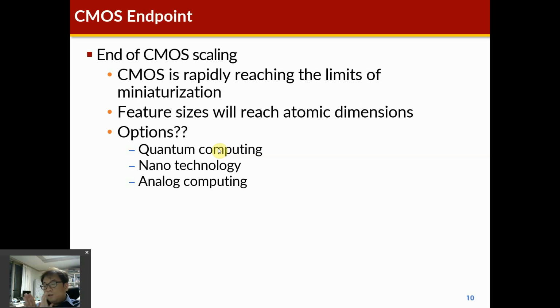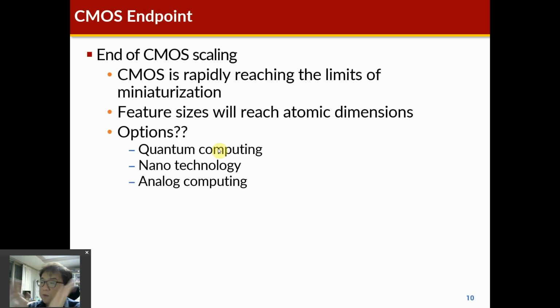So what's the channel length? It's the width of this poly on the CMOS transistor. Also, the channel is the gap between both wells. So this width is getting smaller and smaller.